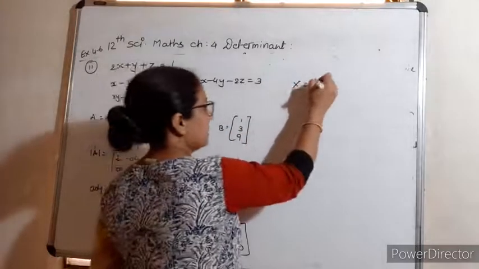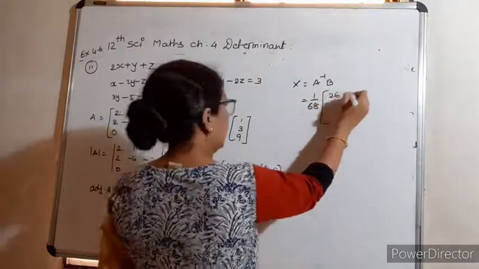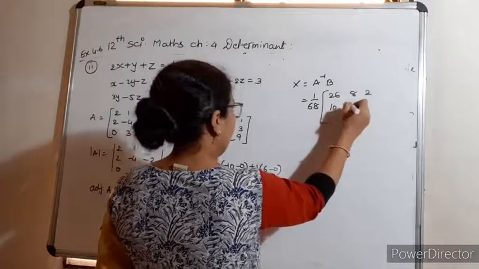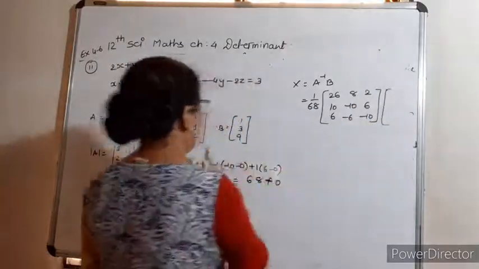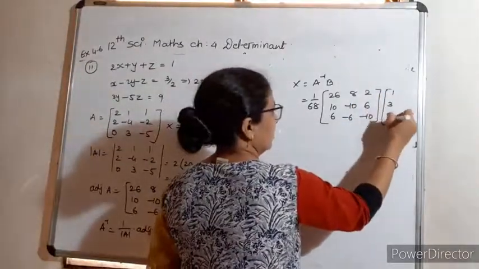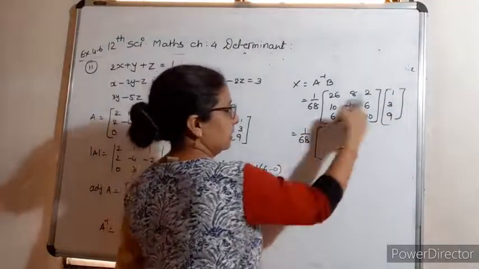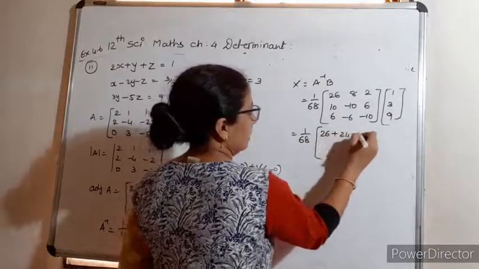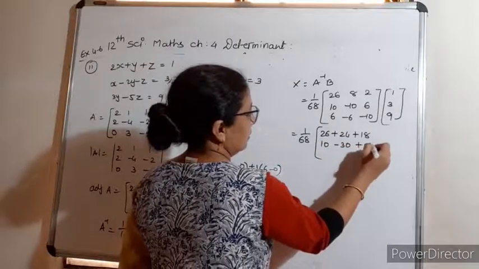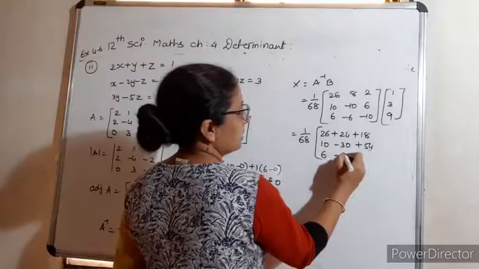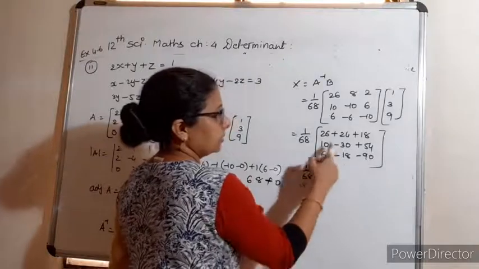Now we'll find x is A inverse B. 1 upon 68. 26, 8, 2. 10 minus 10, 6. 6 minus 6 minus 10 into B. B is 1, 3, 9. Is 1 upon 68. 26, 4, 18. 10 minus 30, 54. 6 minus 18 minus 90. 1 upon 68.